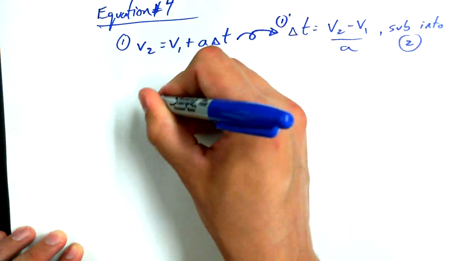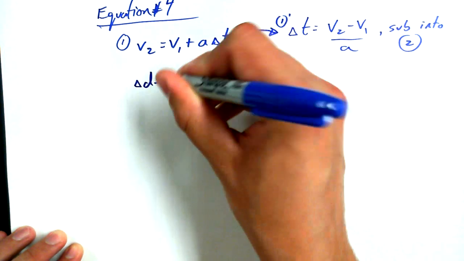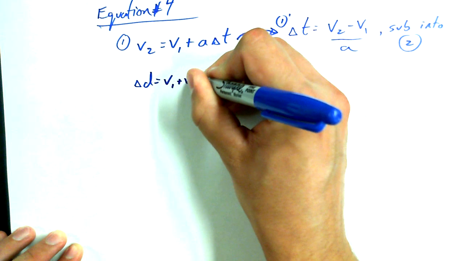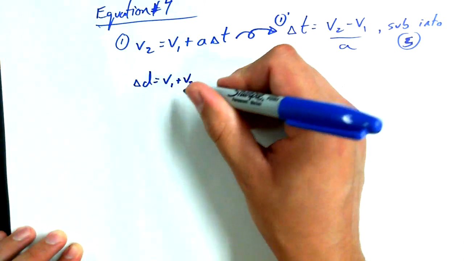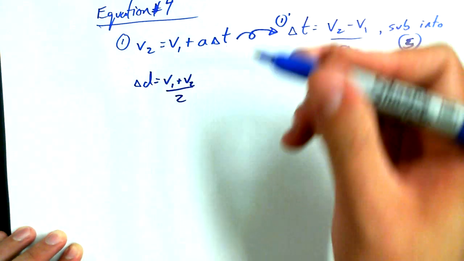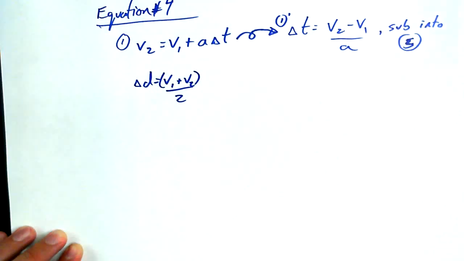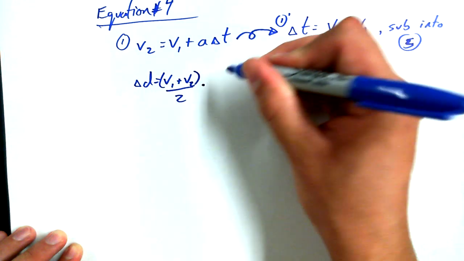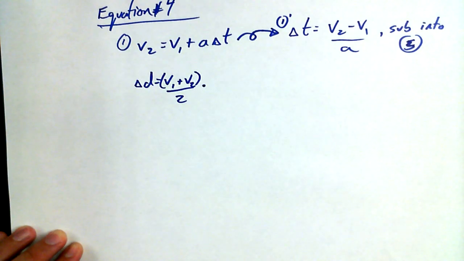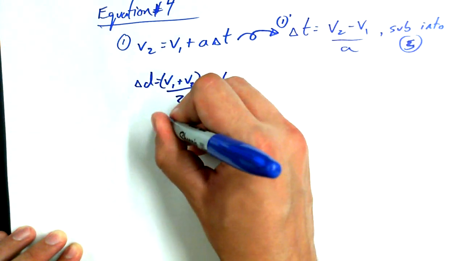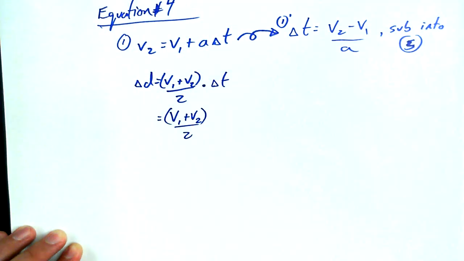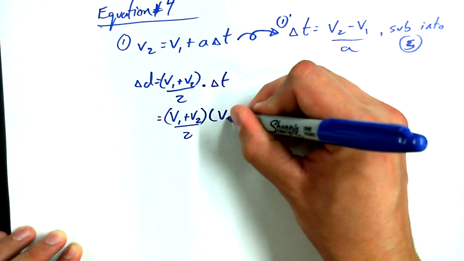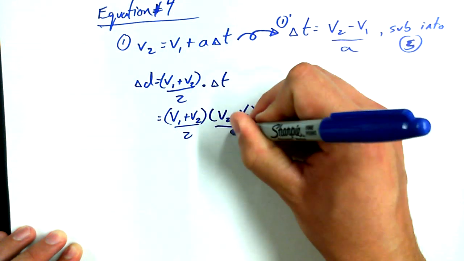Delta D equals V1 plus V2 over 2, I'll put it in brackets even, times, now instead of writing delta T as we did in equation 2, we're going to write it as V1 plus V2 over 2, not times delta T, but times V2 minus V1 over A.